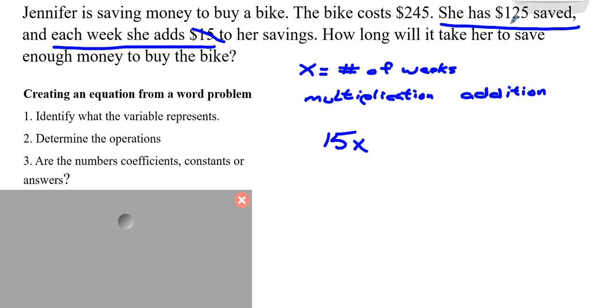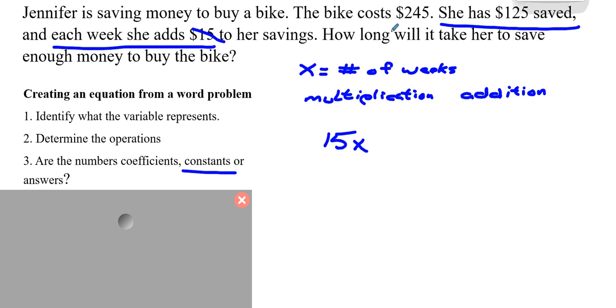That 125. When we're talking about what a constant is, it's just going to stay the same. No matter what happens with the variable, that number is going to stay the same. That number, 125, is the amount that she has saved, regardless of how much she adds to the total. So starting this process, she had saved $125.